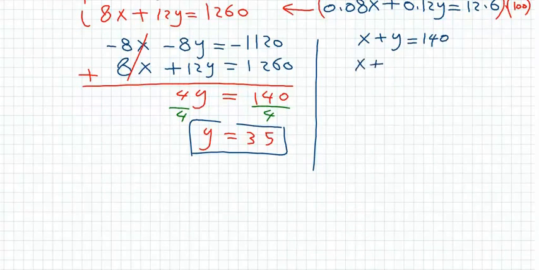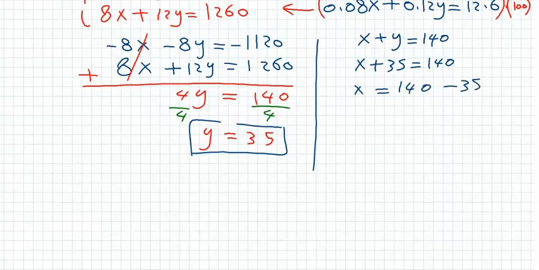So x plus 35 is equal to 140. Solve it. The result is going to be 105. So the first solution is 105 milliliters.